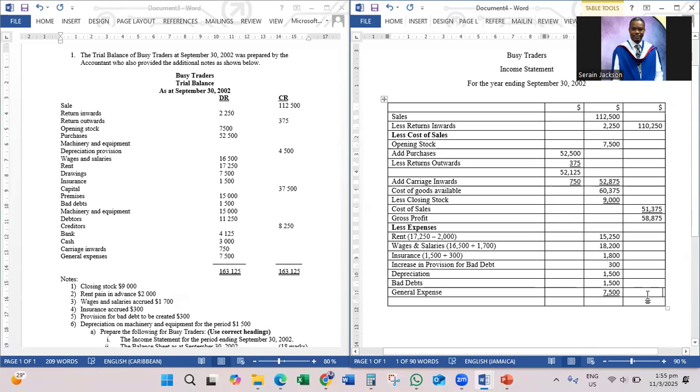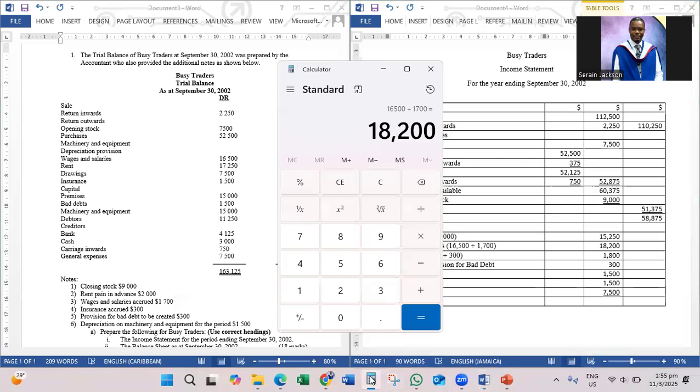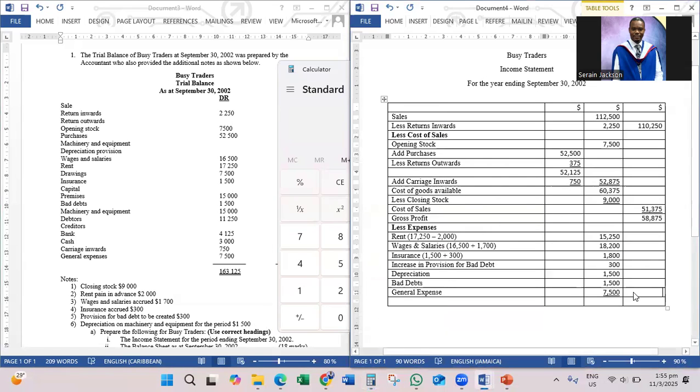So we can add them up to get our total expenditure: 15,250 plus 18,200 plus 1,800 plus 300 plus 1,500 plus 1,500 again plus 7,500. That would equal $46,050, which is our total expenses figure.